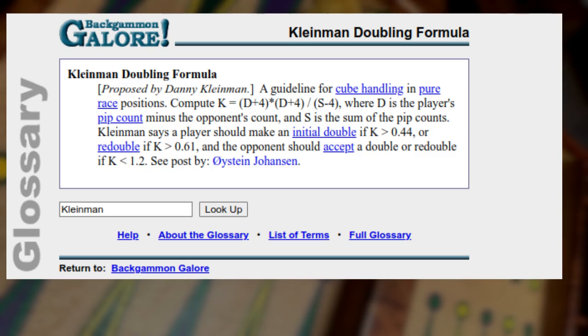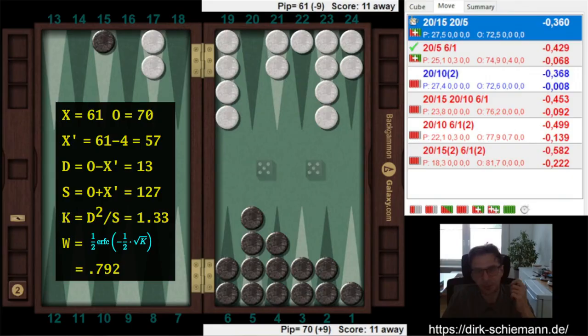It uses both counts, which contain information not only about the size of the lead, that's the pip difference, but also on the expected number of rolls until the end of the game. Here's one example. First, subtract 4 from X count, the player on roll. This offsets the fact that he is a roll ahead. Now, compute D, the difference, and S, the sum.